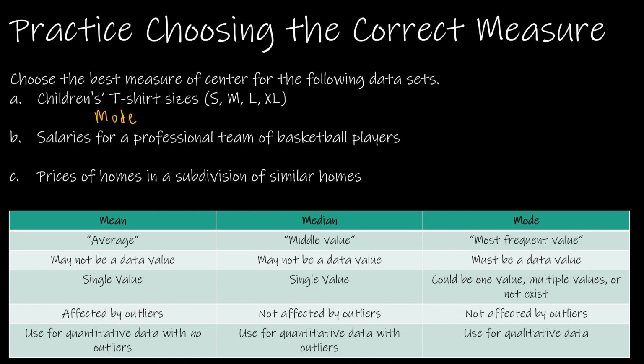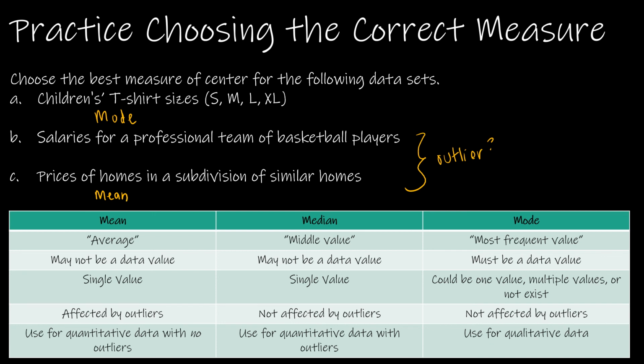So the big question should be, where can I expect to see an outlier? Well, if I'm looking at the prices of homes in a subdivision of similar homes, I'm guessing that all of those homes are going to be fairly similar to one another, not only in structure, but also in price. So I'm probably not going to have any outliers, so I'm going to use a mean here.